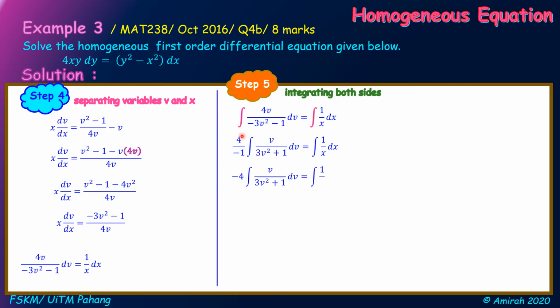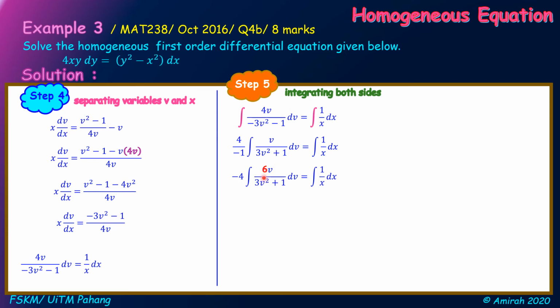Then we can simplify 4 over negative 1 equals negative 4. And when the degree of the numerator is less than the degree of the denominator by 1, we can integrate using the ln rule. So if we differentiate 3v squared, we get 6v. So we just put constant 6 here.